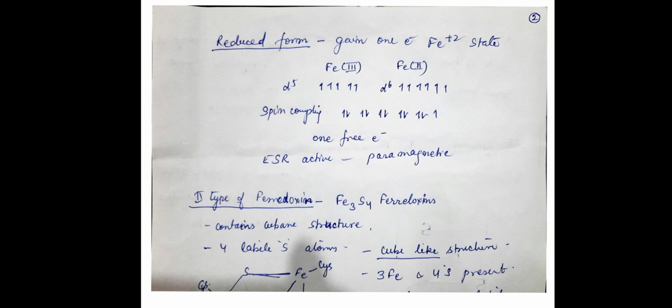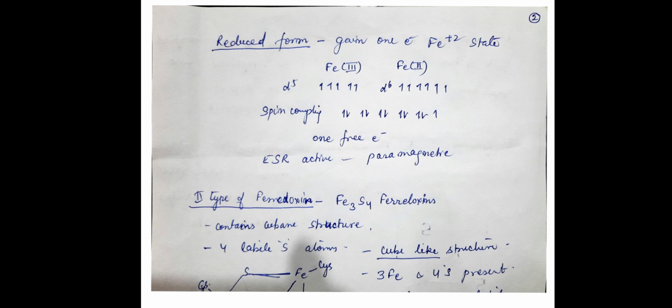So 5 and 6. In the spin coupling, we saw that molecular orbitals have 5 paired d electrons and 1 unpaired electron. This one free electron is ESR active. Due to this ESR activity, it behaves as paramagnetic in character.